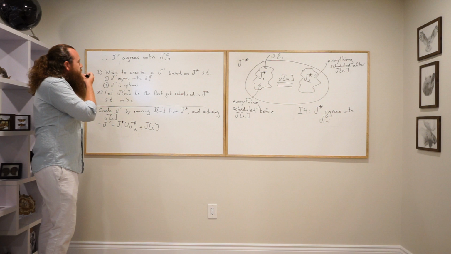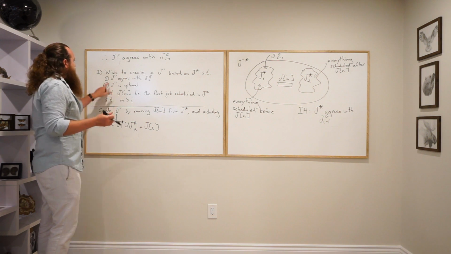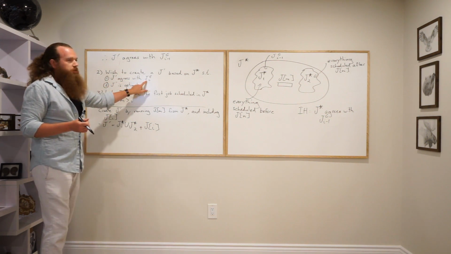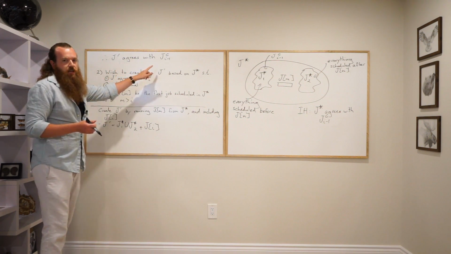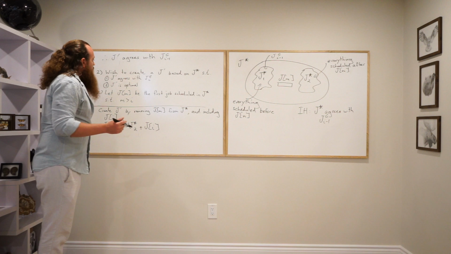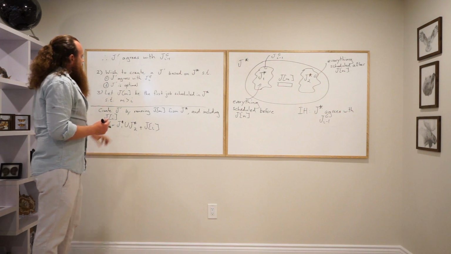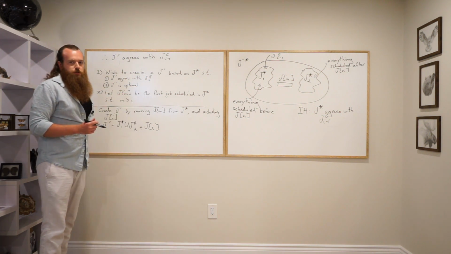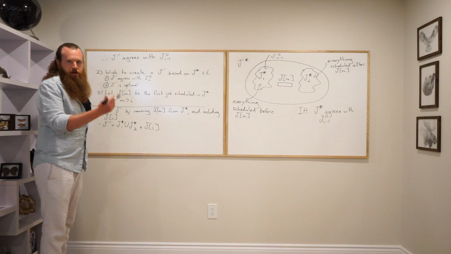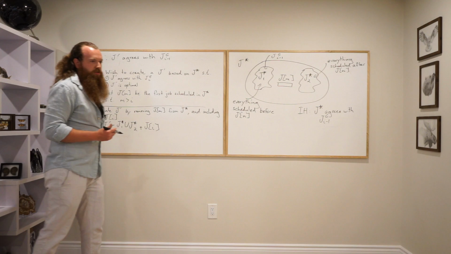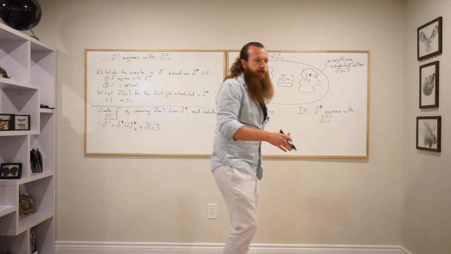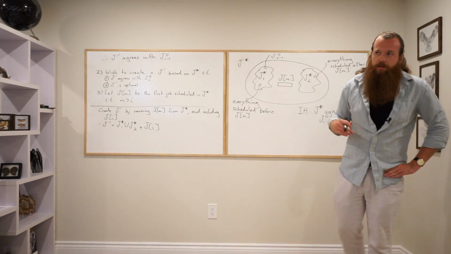Okay. Well, that's not good enough. I have to show that J prime agrees with Jgi. Well, I agree with the first I minus 1 choices. So in order to show that I agree with Jgi, I also just need to show that it also agrees with the ith choice. Well, what was the ith choice of the greedy algorithm? Remember the case we're in. I happened to just erase it, but you can rewind it a little bit.